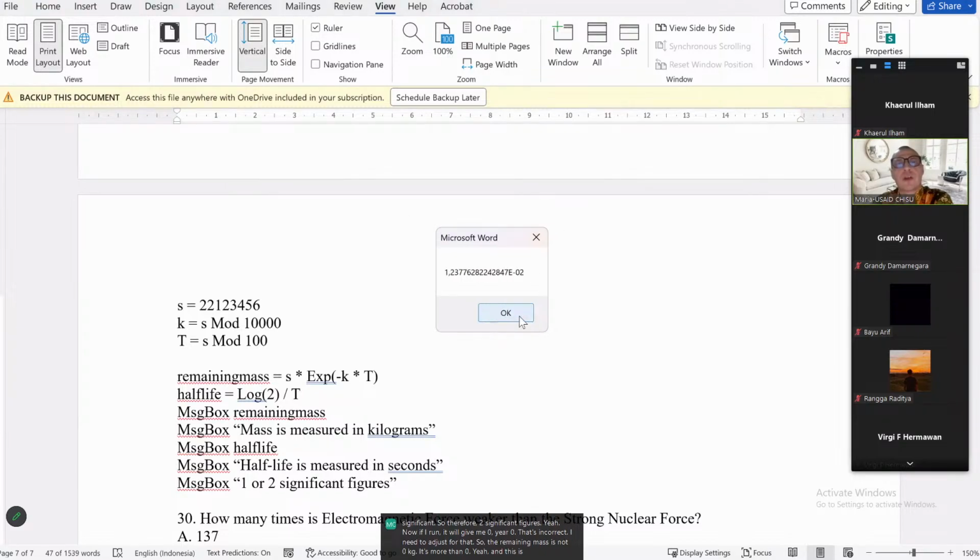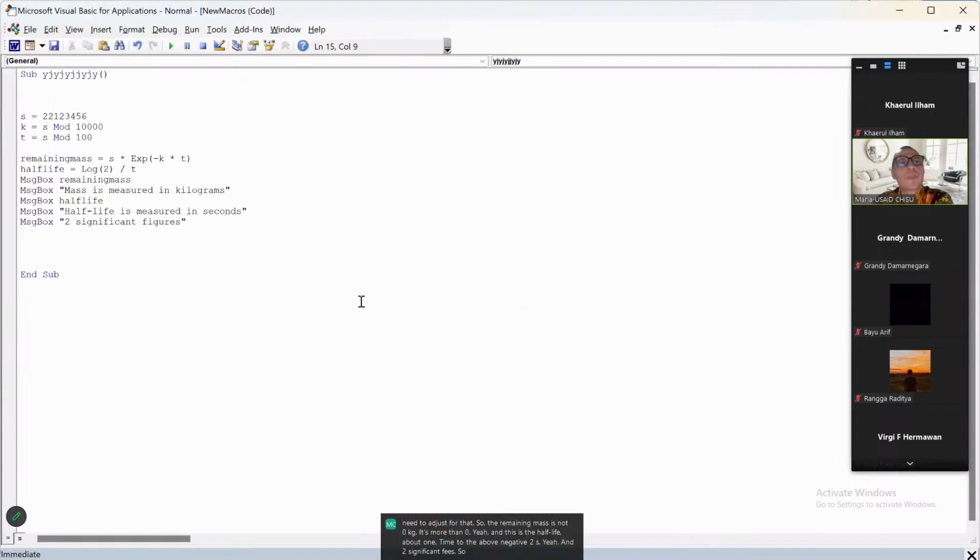And this is the half-life, about 1 times 10 to the power of negative 2 seconds, yeah? And 2 significant figures. So make sure that if you do calculate, your remaining mass is not 0. You adjust your numbers and then say that it's this number times this or divided by this or whatever it is.